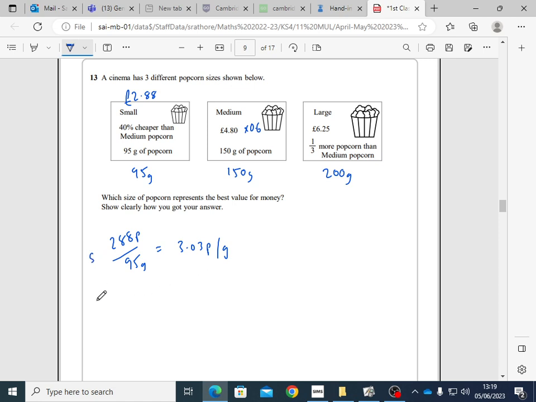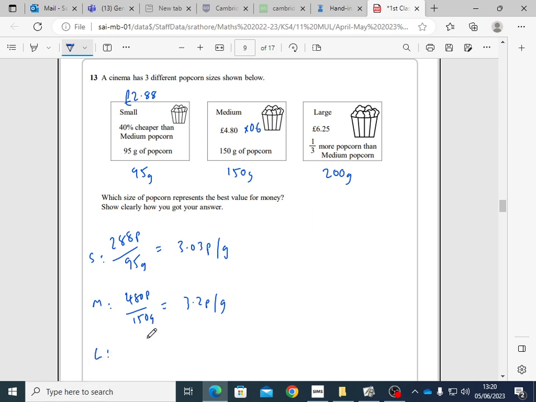So that's the small. The medium is going to be 480 pence over 150 grams. So everybody do that quickly. Divided by 150. 3.2 pence per gram. So far, I'll ask you in a second which one's cheaper.